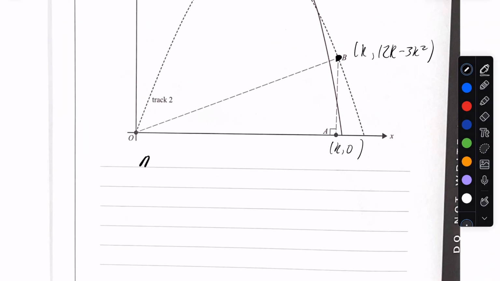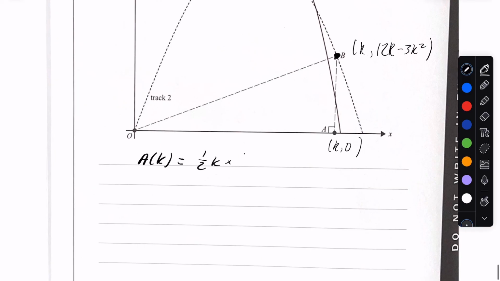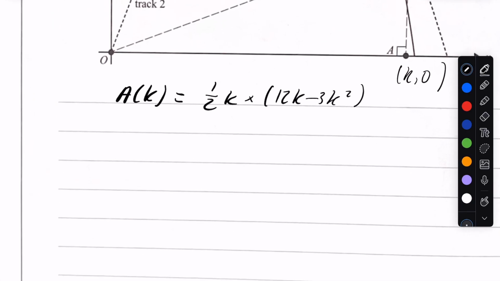So the area, just say A of k is equal to 1/2 times k times the height, which is 12k minus 3k squared. Or you can expand and say 1/2 times (12k squared minus 3k cubed).